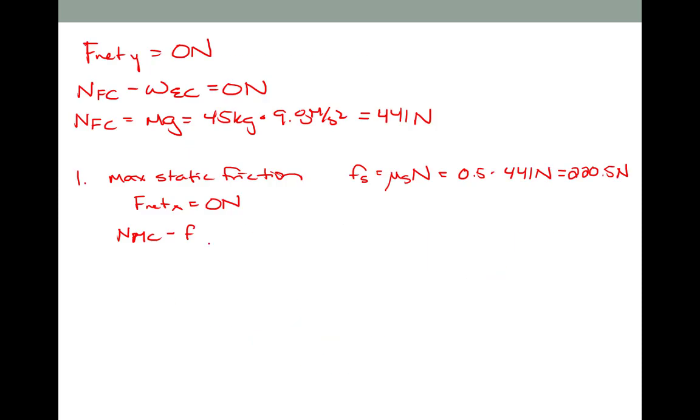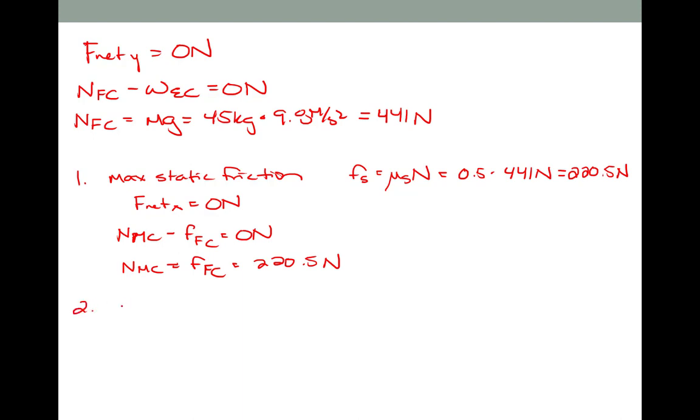I'm making sure my subscripts agree. That equals 0, and that tells me that the amount I am pushing equals the maximum value of static friction, which equals 220.5 newtons.